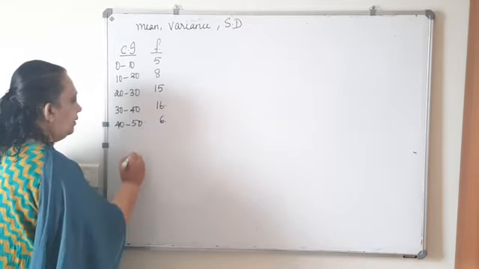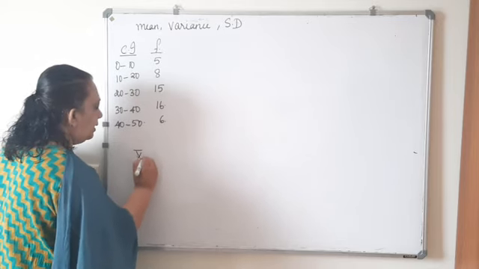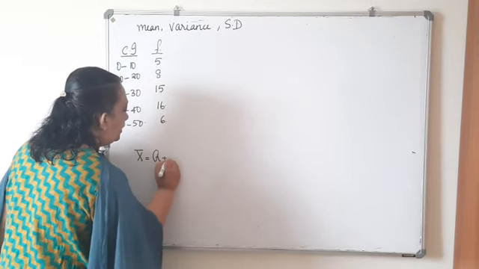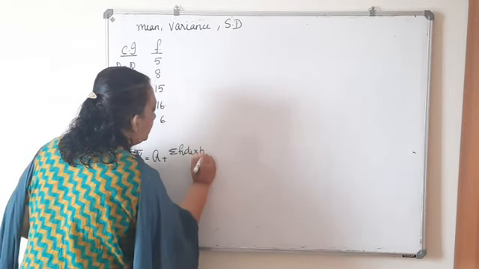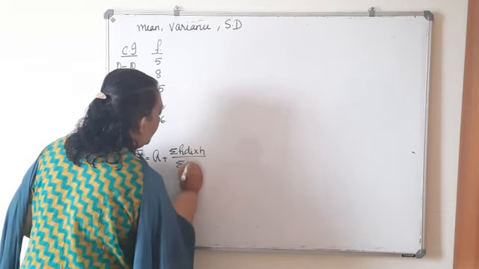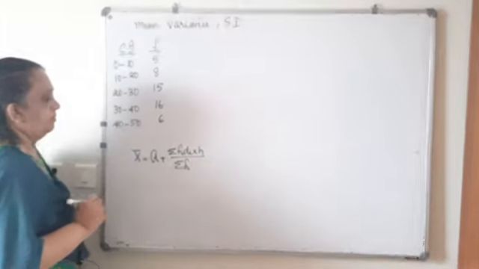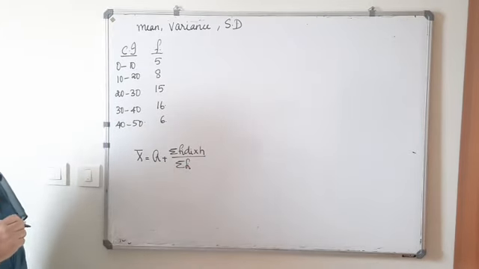I am using the shortcut formula. Mean x bar is equal to a plus sigma fi di into h divided by sigma fi, where a is the assumed mean.